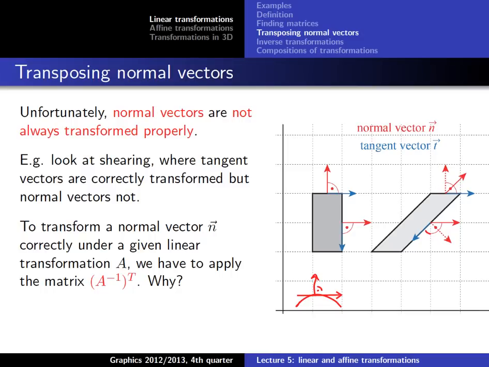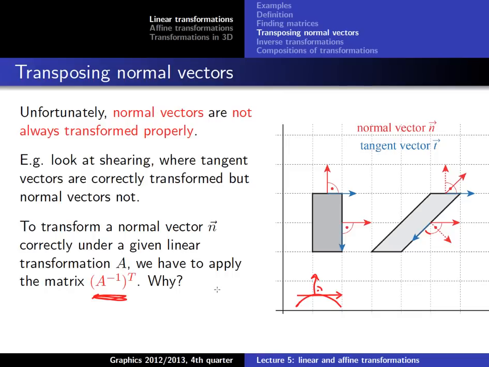So one solution could be, of course, recalculating the normal vectors for each transformed object, but it would be much easier if we could just apply a transformation matrix to it. And the good thing is there is one transformation matrix, and it is quite related to the original one. It's just the inverse of the original one and then the transpose of it.